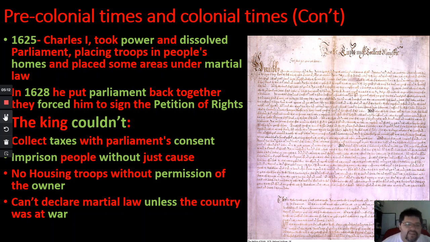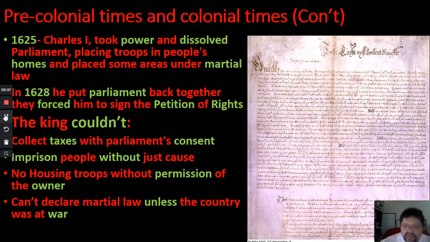So in 1628, things got really, really bad. By that time, he decided, okay, I'll put Parliament back together. But Parliament was like, no, we're not coming back together. We're not going to help you out because you disbanded us, thinking you're all this and that.